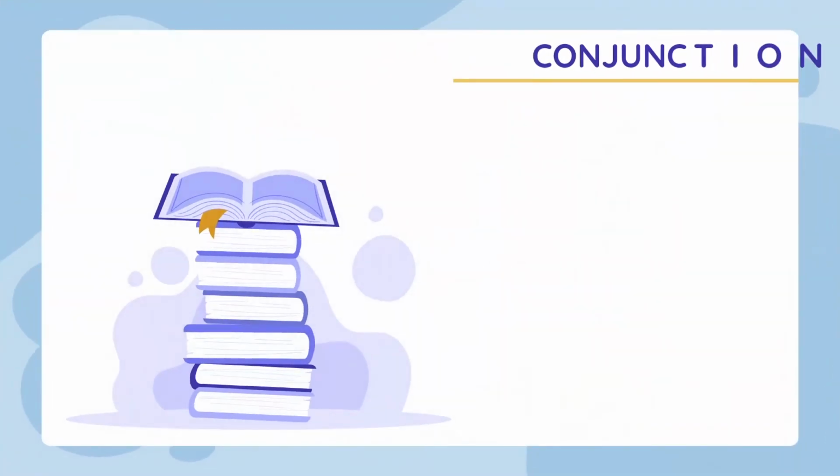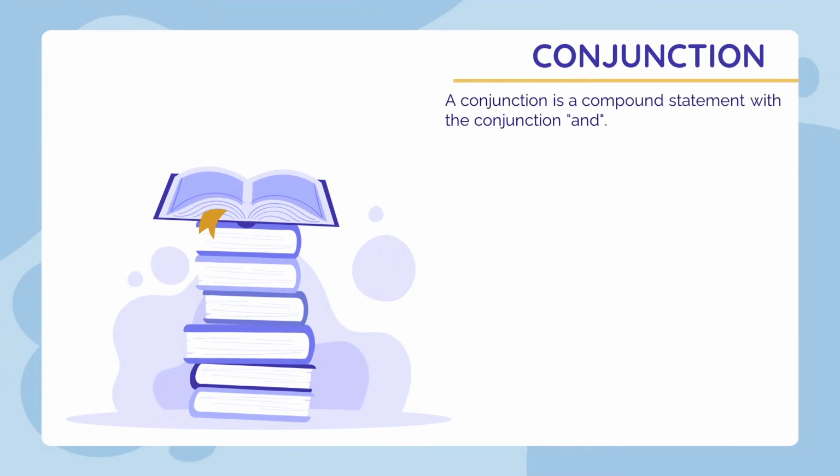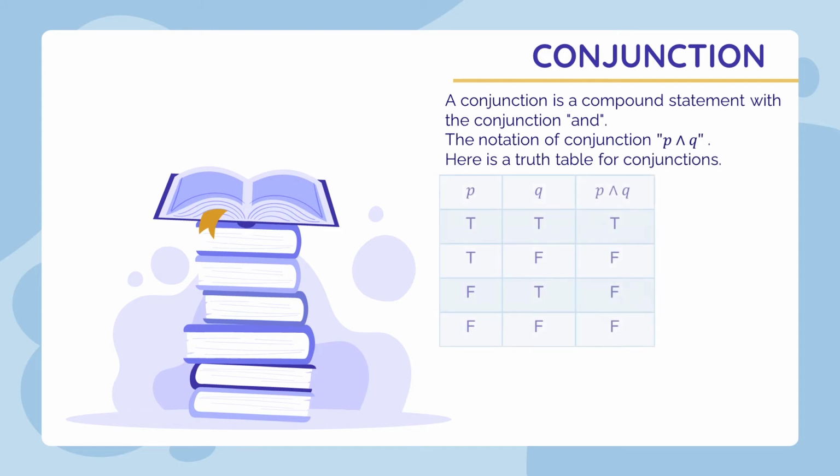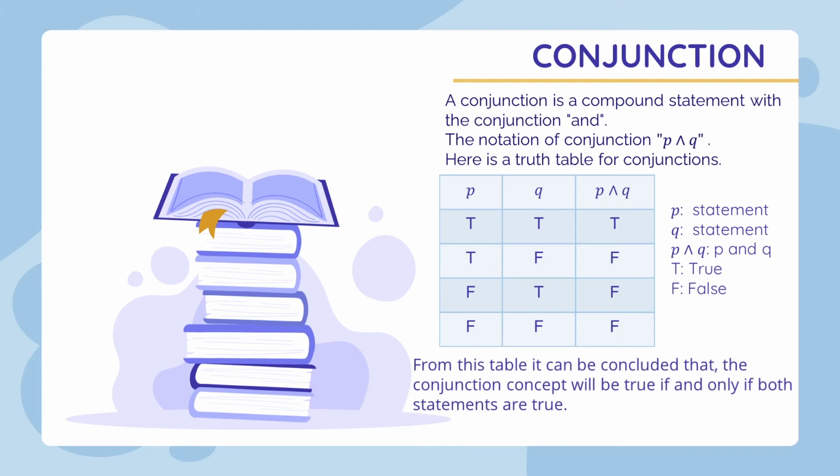Conjunction. A conjunction is a compound statement with the conjunction and. So, the notation on the slide reads P and Q. On the slide is a truth table of conjunction. From the table on the slide, it can be concluded that the conjunction will be true if and only if both statements are true.